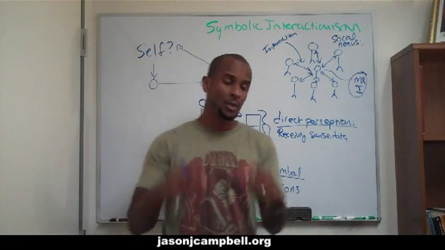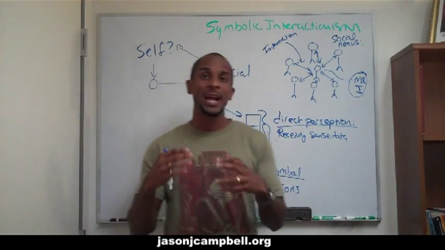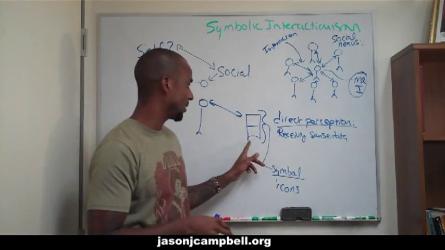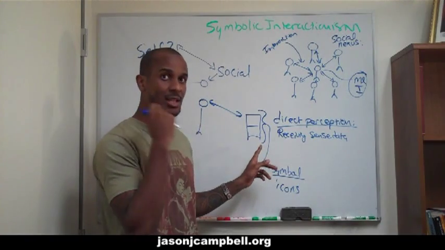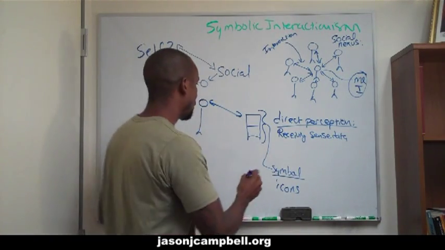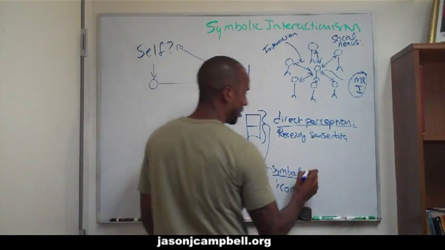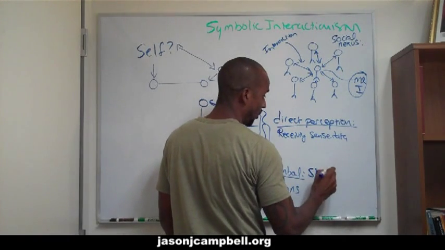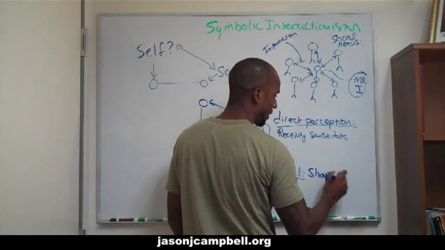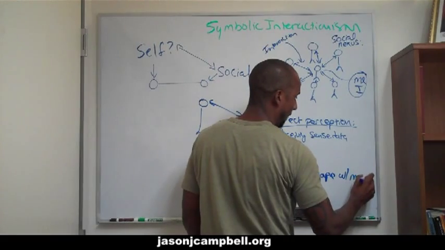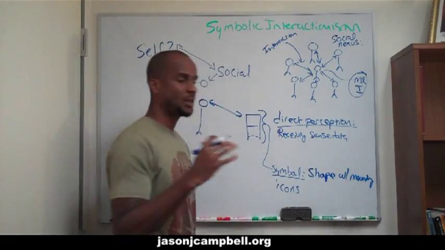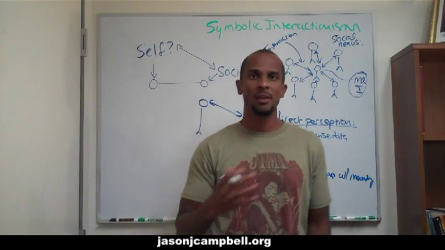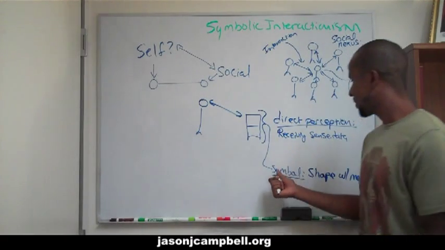It becomes a symbol, it becomes an icon, once I attribute meaning to the shape. So the symbol is nothing more than a shape, or object even, but typically a shape with meaning. That's the most basic way of describing and discussing symbols.